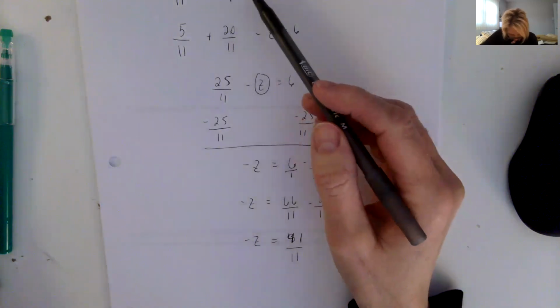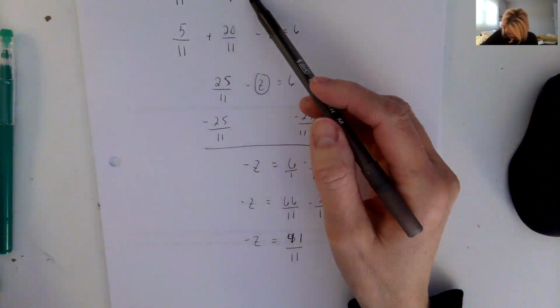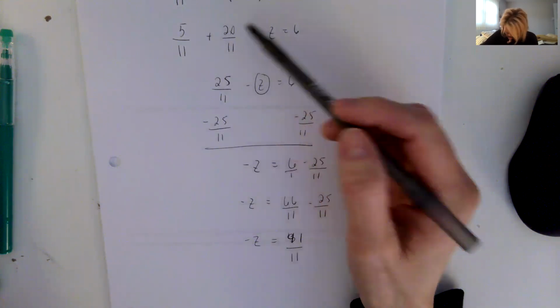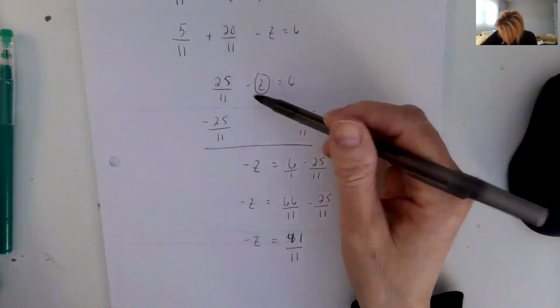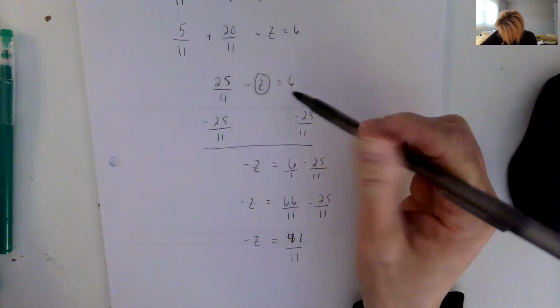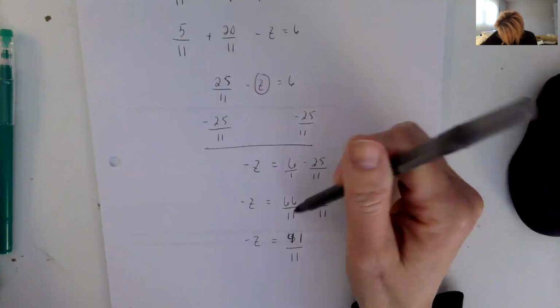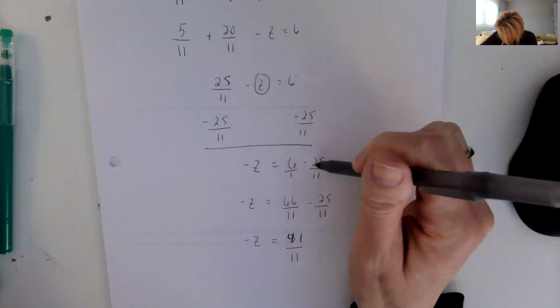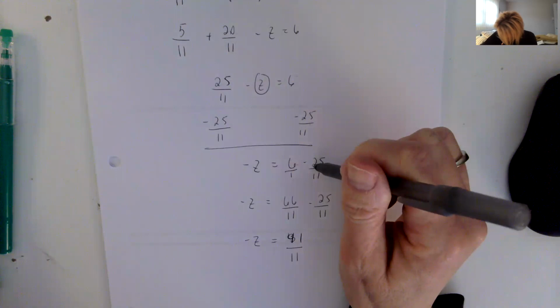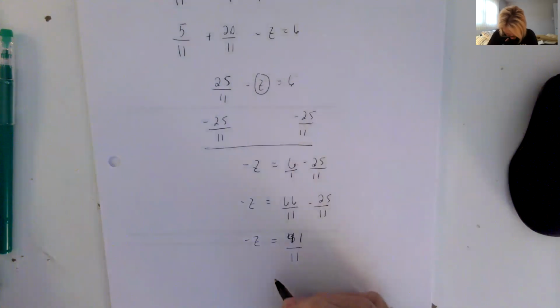X minus 4y positive. Oh, and so subtracting. That does not make sense because that doesn't get us to the negative 1/11.